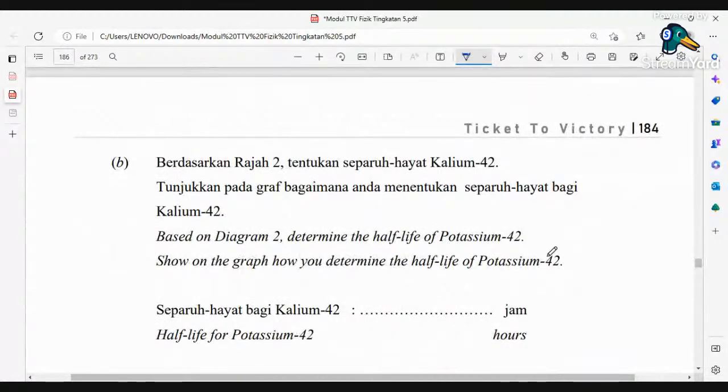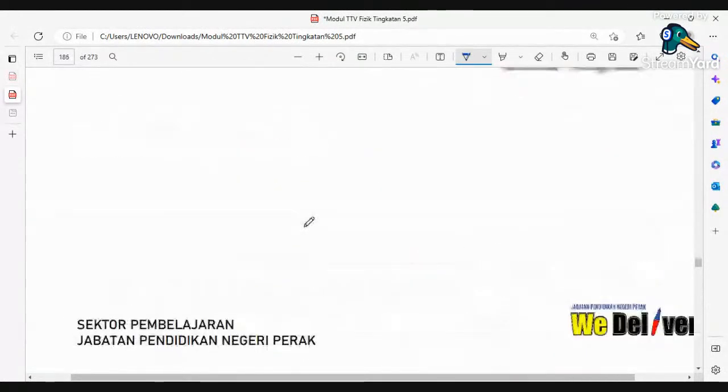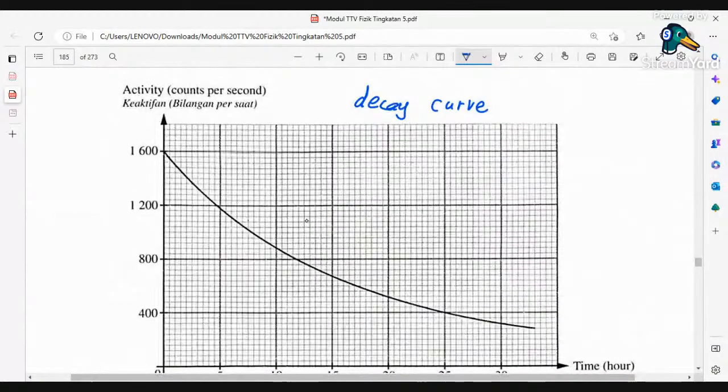Okay, based on Diagram 2, determine half-life of potassium. Show on the graph how you determine the half-life. Okay, we go back to this one. Initial one is 1600. Half of 1600, divide by 2, it becomes 800.